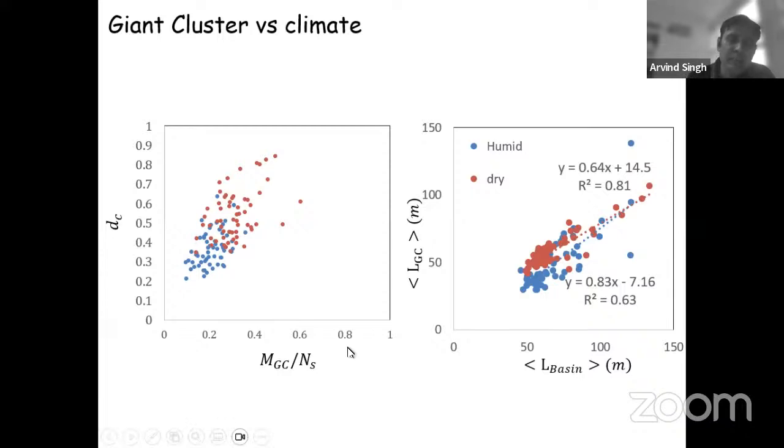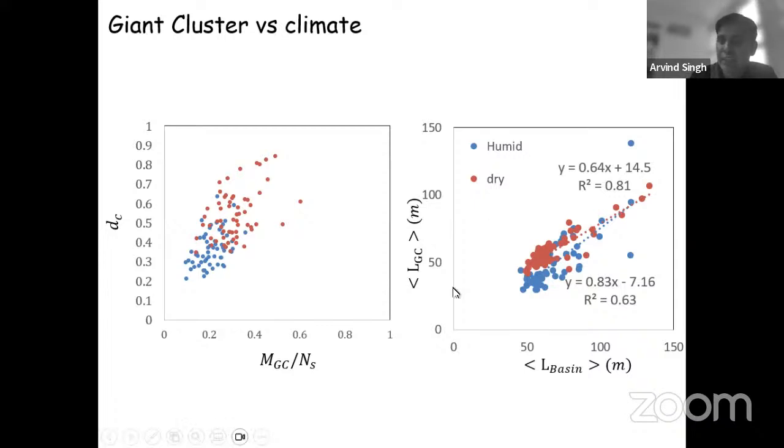So we take the magnitude of these giant clusters and relate it with DC, the critical distance at which the phase transition is occurring. From here, we see that the magnitude of the giant cluster increases with increasing critical distance, and this magnitude is smaller in humid basins as compared to dry basins.